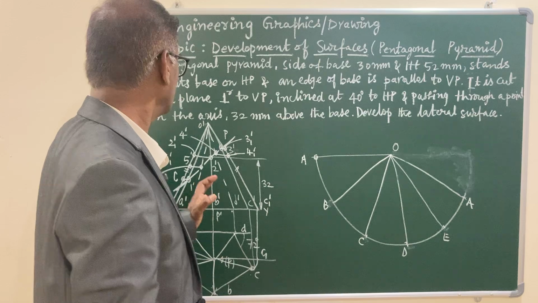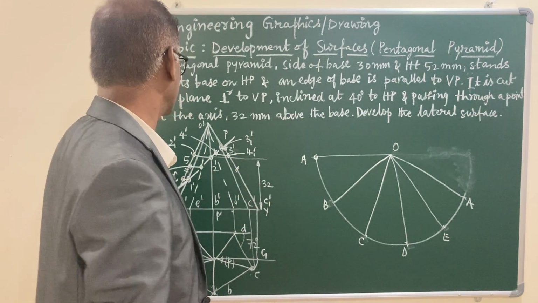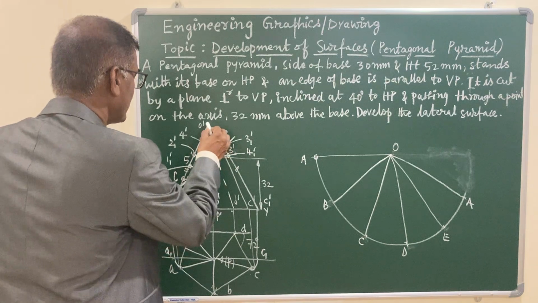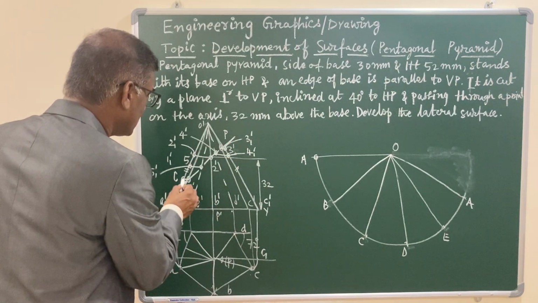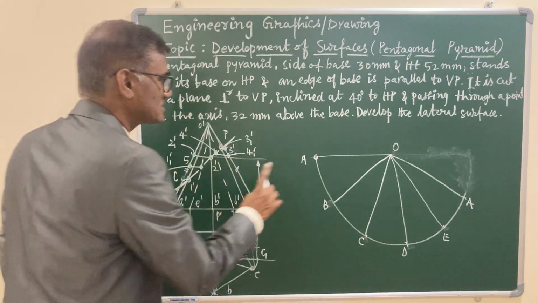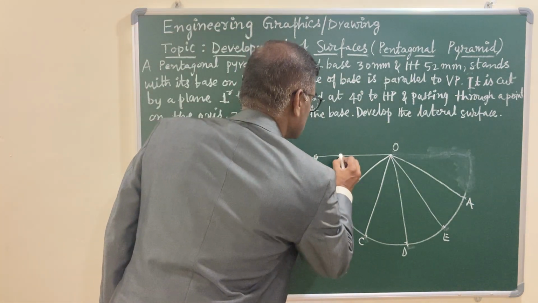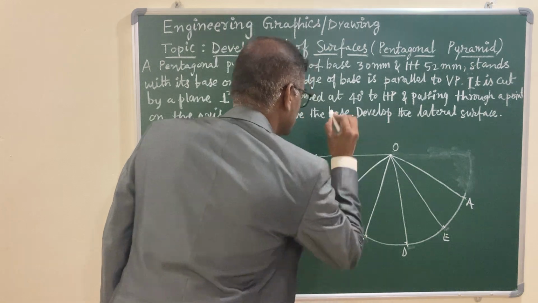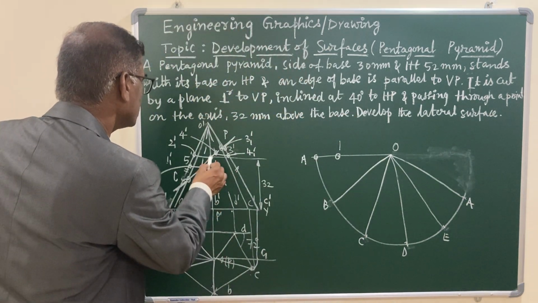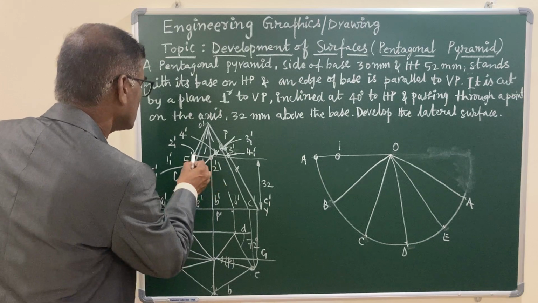Now we want to develop the frustum of the pyramid. For that, as you know very well, with the help of compass, O prime 1 1 prime as radius, locate the point. So this is your point 1, and point 2. Point 2 is on this, and you have drawn a horizontal line.